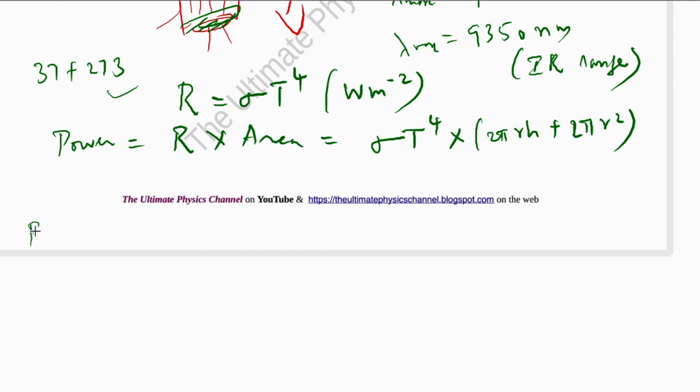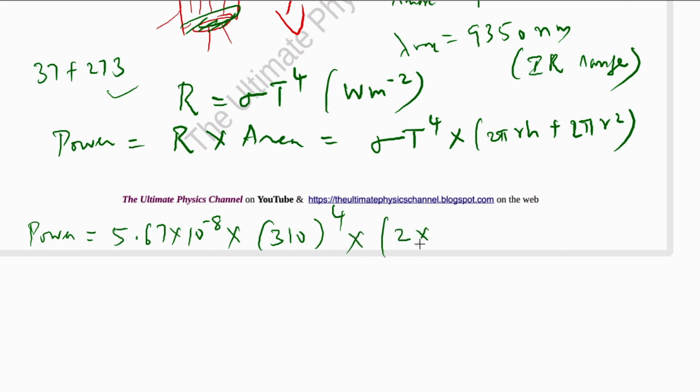let me do that, right? So power is equal to 5.67 into 10 power minus 8 for sigma here, times the temperature 310 power 4 times 2 pi, 3.142, times the radius here, 13 centimeters. So 13 into 10 power minus 2 times the height 175 centimeter into 10 power minus 2 in meters. I'm taking this, of course.